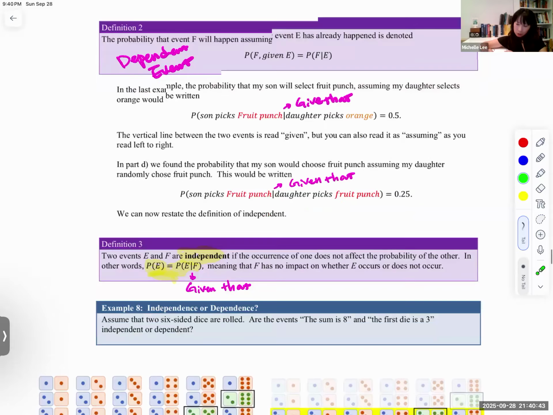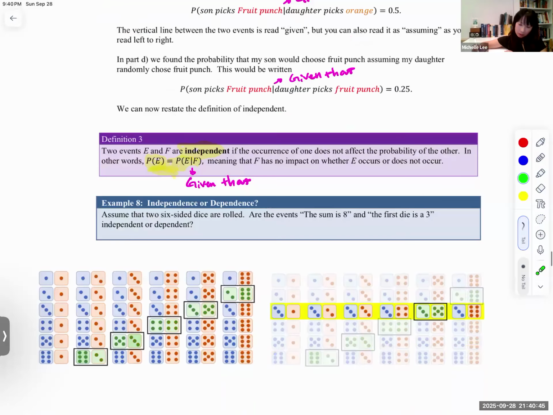Okay, so let's take a look at this question. Assume that two six-sided dice are rolled. The event is the sum is 8 and the first die is 3. What do you think about this?